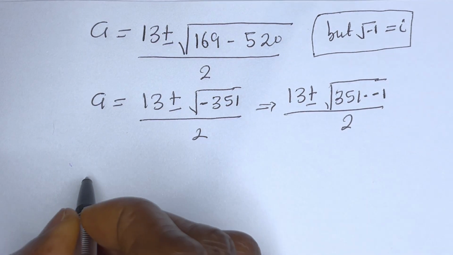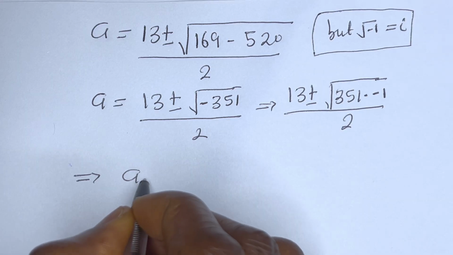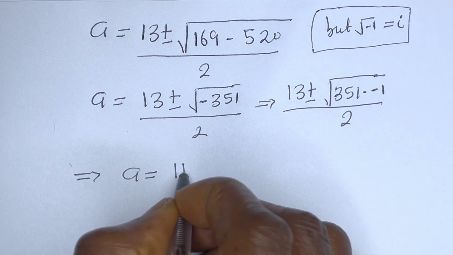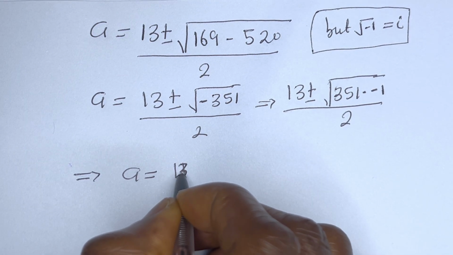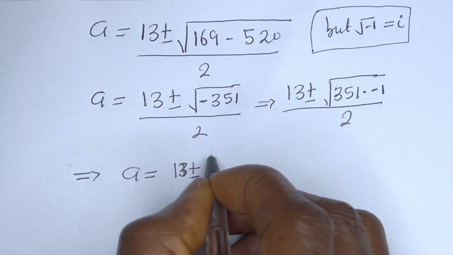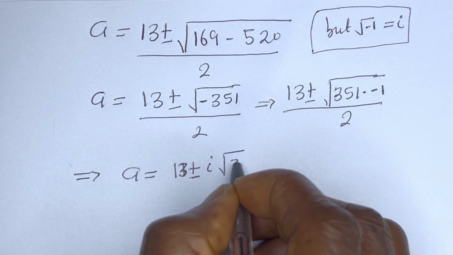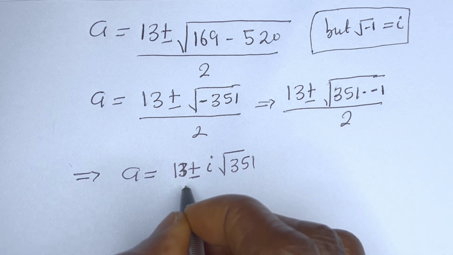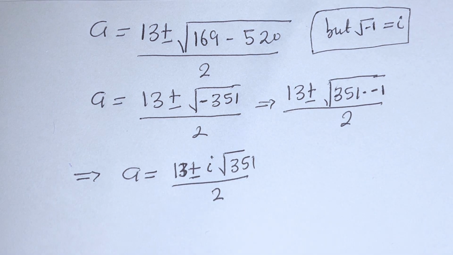This can be written as A is equal to 13 plus or minus i square root of 351 over 2.